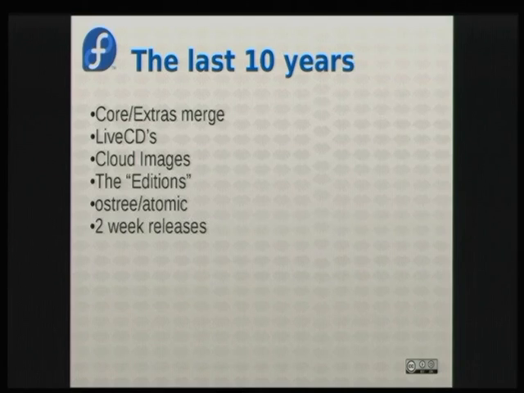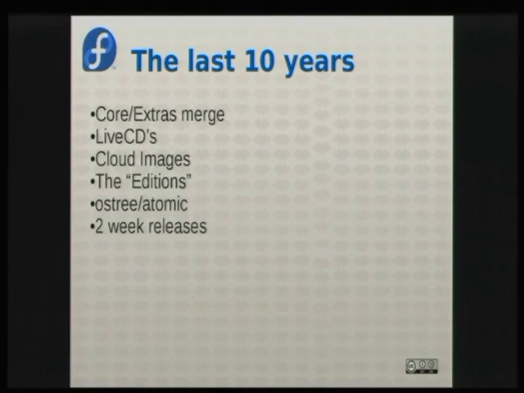We added OSTree and Atomic in the last couple of years, and then we started doing 2-week releases for Atomic in Fedora 23. So now, every 2 weeks we push out a new release of Fedora Atomic, which includes an install DVD. We update the cloud base image and the Atomic image and the Vagrant box images, though we really only push out the Atomic side of it.